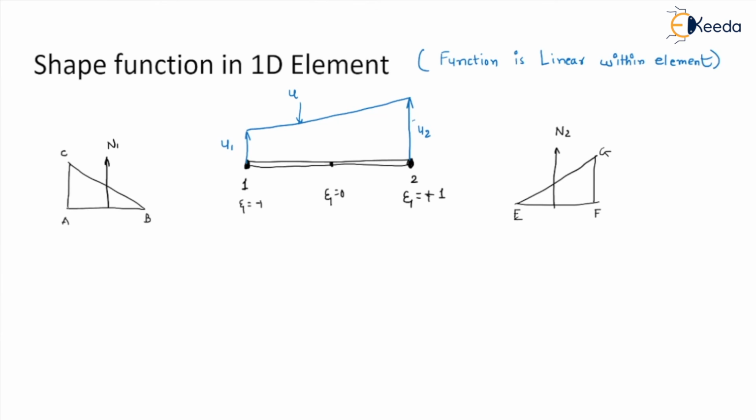Here point a represents node number 1, point b represents node number 2. In this case e and f represent node number 1 and 2. For example, randomly we are taking a point p.